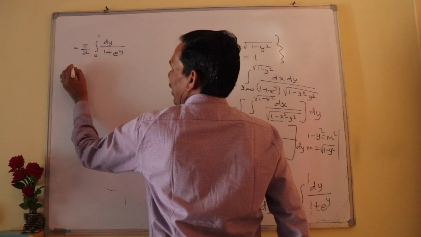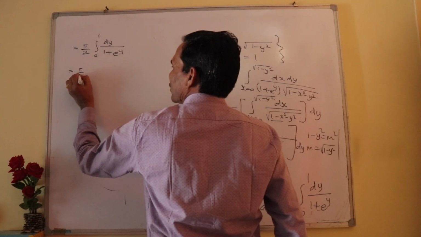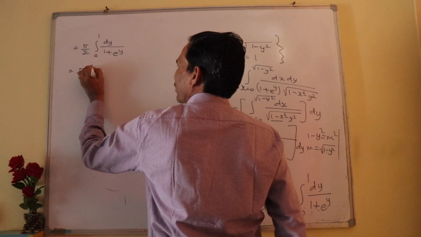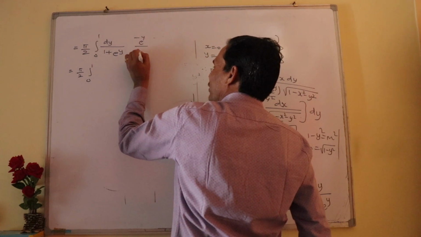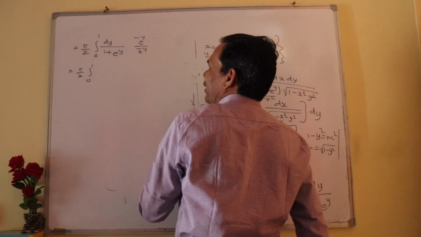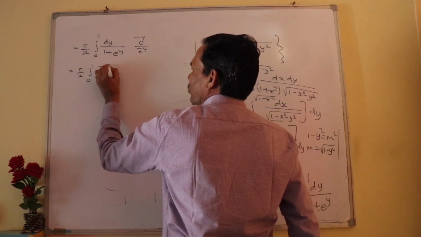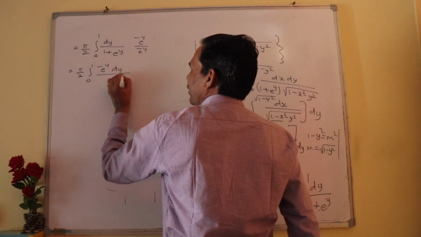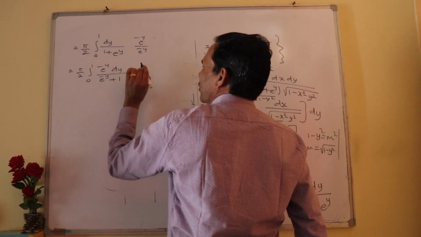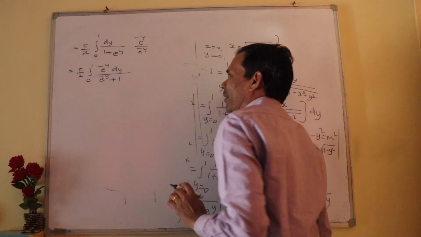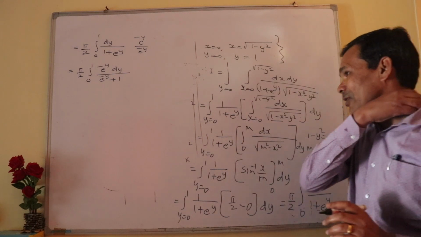I take e raised to y outside, so I can write down this in the form 0 to 1, or multiply and divide by e raised to minus y, numerator and denominator. So it is e raised to minus y dy, and here it is e raised to minus y plus 1, minus y e raised to 0. So likewise, now I integrate this.